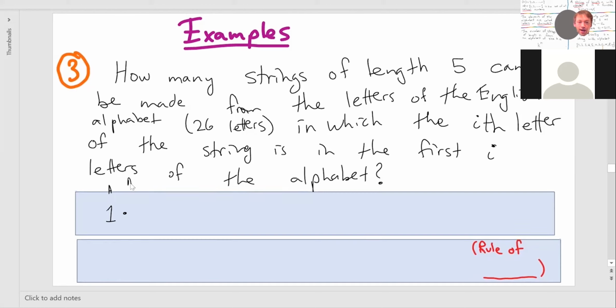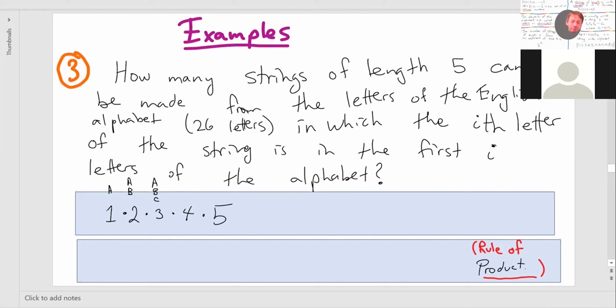The second can be A or B because it has to be in the first 2 letters of the alphabet. So I've got 2 choices. You've got A, B, C, 3 choices, 4 choices for the next one, 5 for the next one. Okay, so this is again the rule of product.